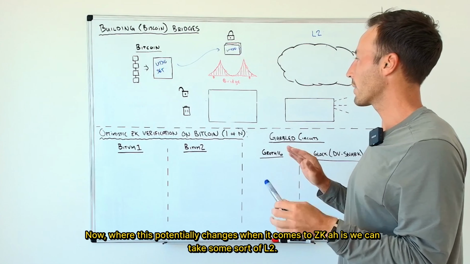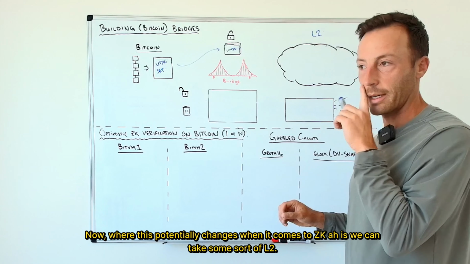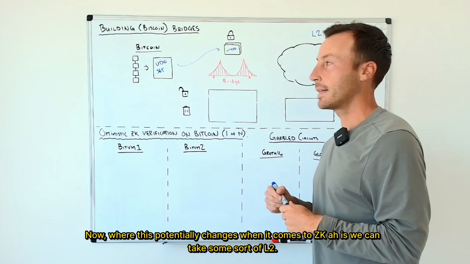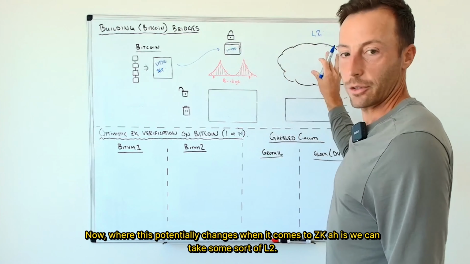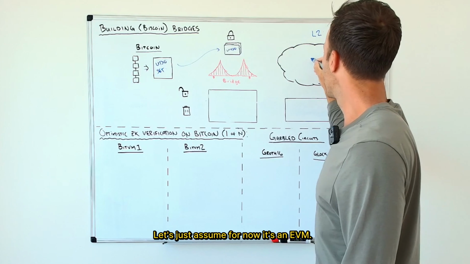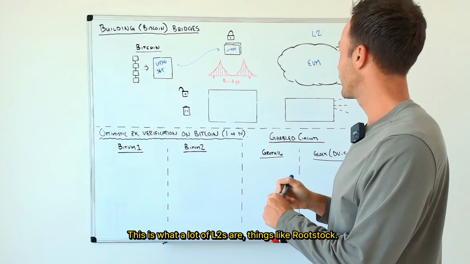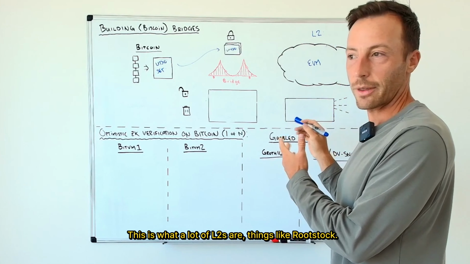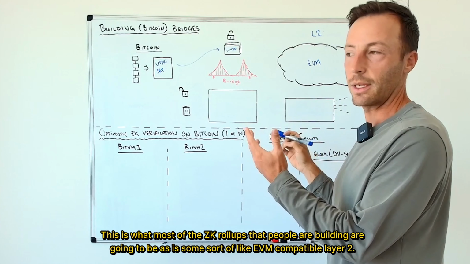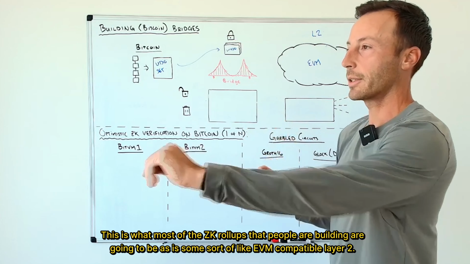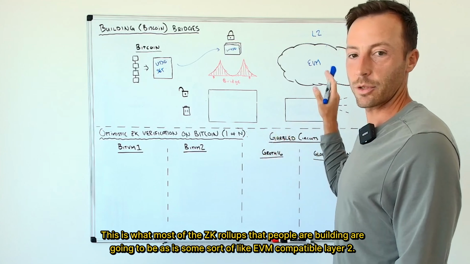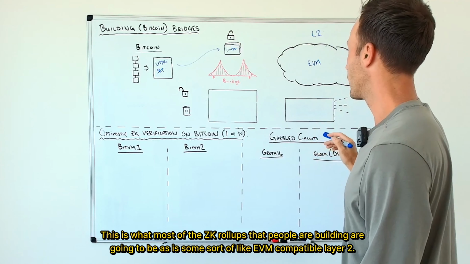Now, where this potentially changes when it comes to ZK is we can take some sort of L2. Let's just assume for now it's an EVM. This is what a lot of L2s are, things like Rootstock. This is what most of the ZK rollups that people are building are going to be, some sort of EVM compatible layer 2.